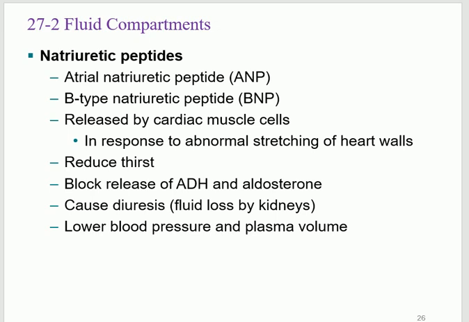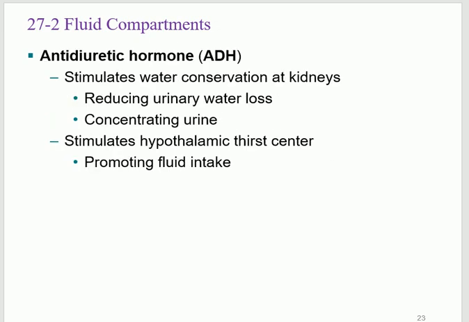Do you make more urine or less urine? More. Why? Because sodium goes to the urine, followed by water. Isn't that more urine? Yes. So this is called diuresis. You make a lot of urine.